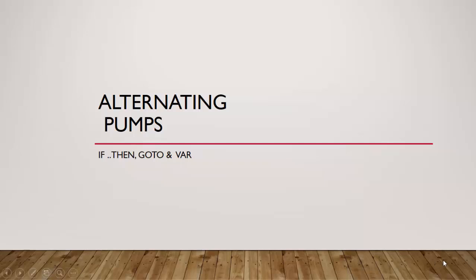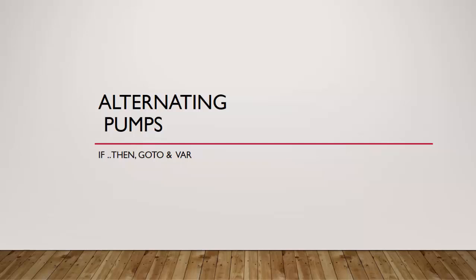We're going to use some of the same commands, the if then, the go to. This time we're going to use a variable, and depending on the value of that variable, we'll use one pump or the other. So that variable would be P, and P standing for pump.